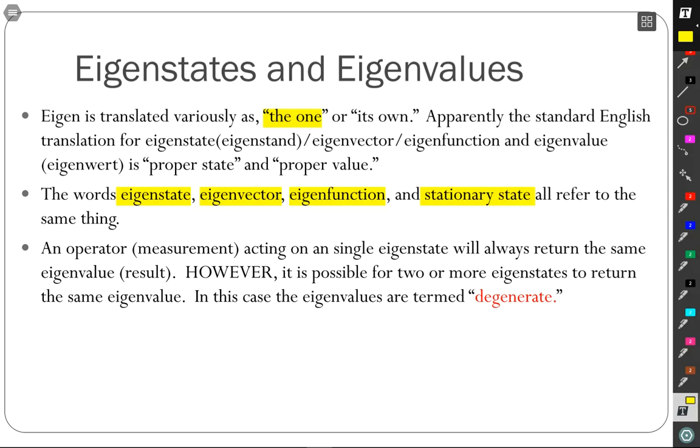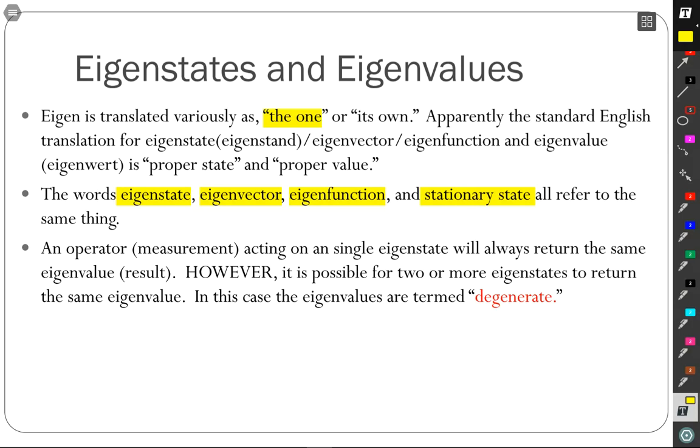Eigenvector puts the emphasis on, like our kets, vectors for a state. Eigenstate, of course, is for a state. And eigenfunction is thinking about the wave function instead of the vector, but it's still defining the same thing. And stationary state. I'm sorry that I've been using that word when it hasn't been introduced. I've tried to wave my hands, just like I started using the Dirac notation before we got to it, because it's sometimes a lot quicker to write. And we use those a lot.